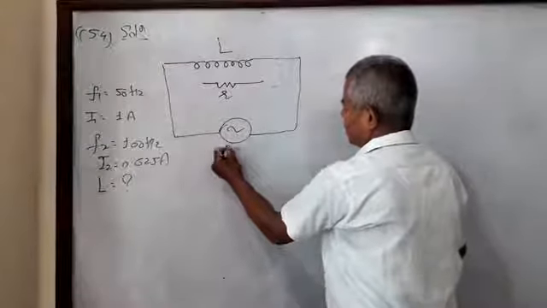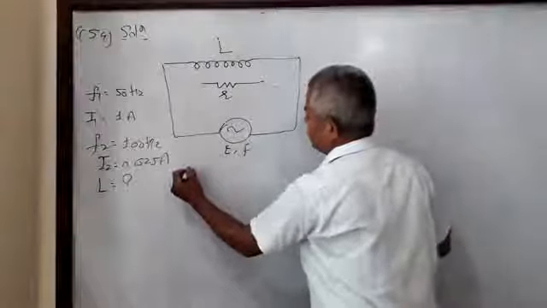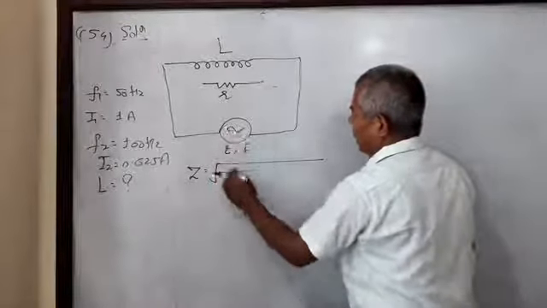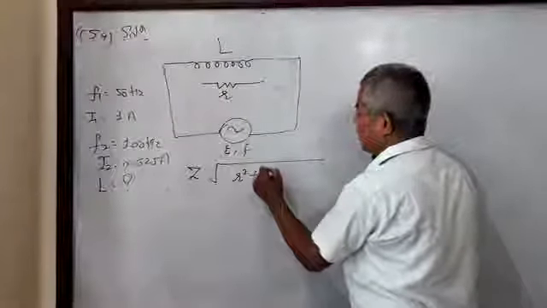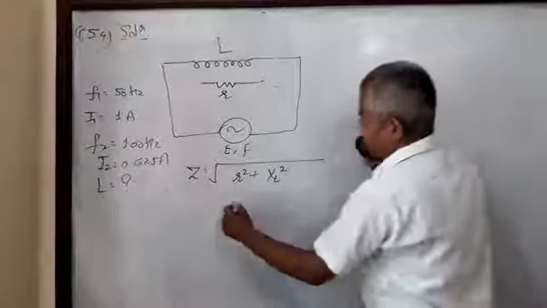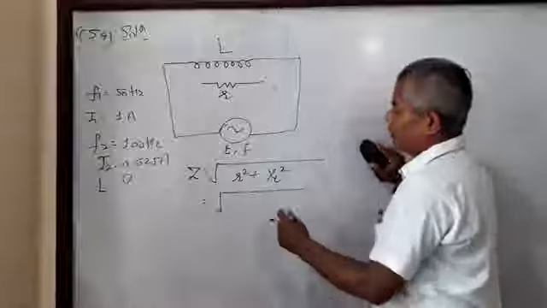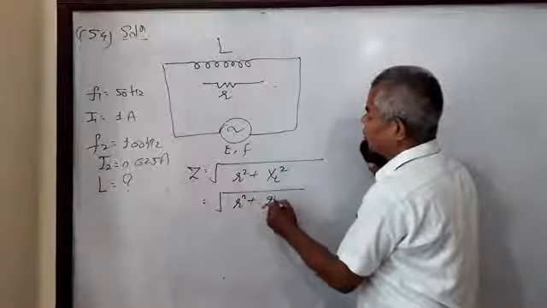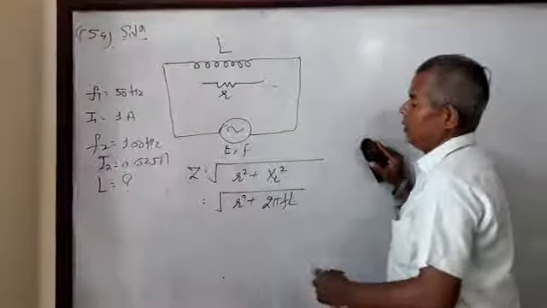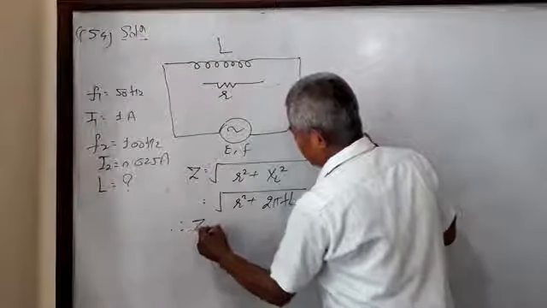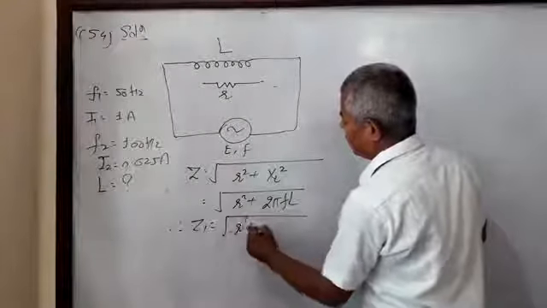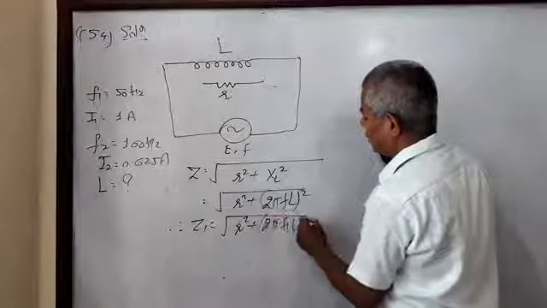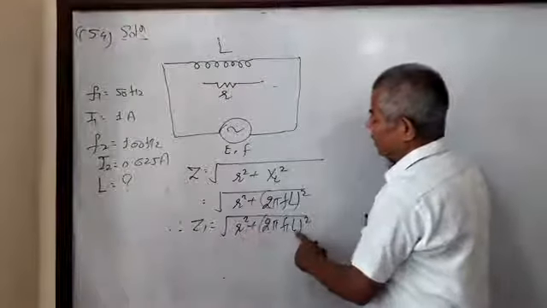Here we know E and F. We know that Z is root under R square plus XL square, and this is I. The value of R is not known, so R square stays. XL is 2 pi into F into L. Therefore Z1 is root of R square plus 2 pi F1 L whole square. Here neither R nor L is known, both are constant.